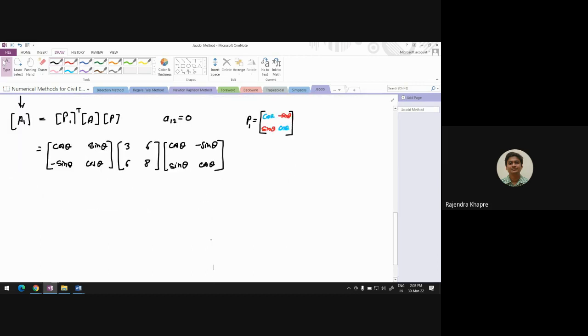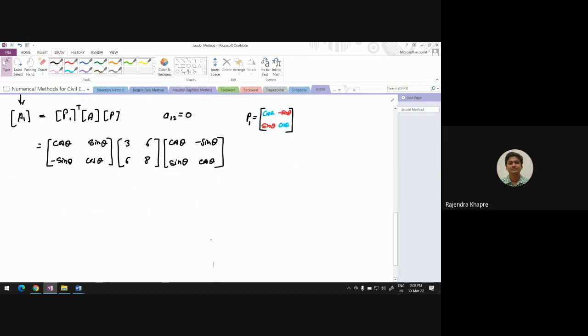Now let us quickly go through some of the calculations. I am multiplying these 2 matrices. If I multiply them, I should get something like 3 cos of theta plus 6 sin of theta. Am I right?